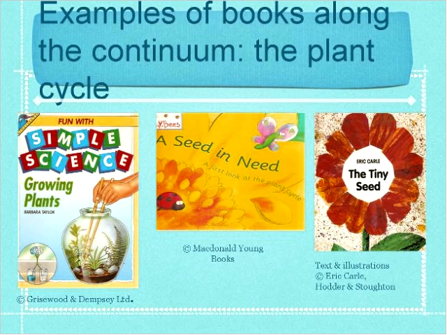And the last example, the one I've got there, is The Tiny Seed by Eric Carle, another one of Eric Carle's wonderful books. And this is a fictional story of the tiny seed and all the adventures that the seed has to be able to survive and find somewhere to grow and become a beautiful plant.